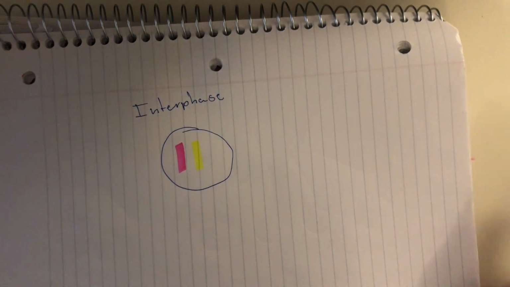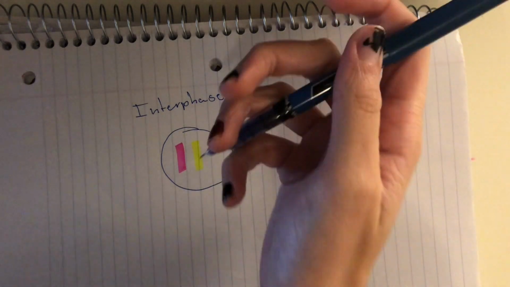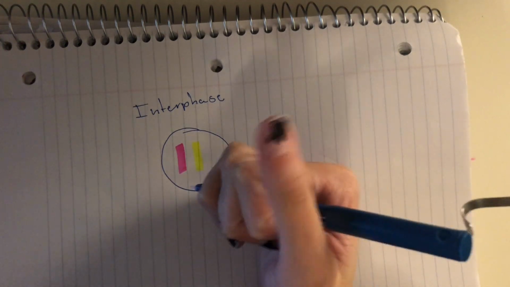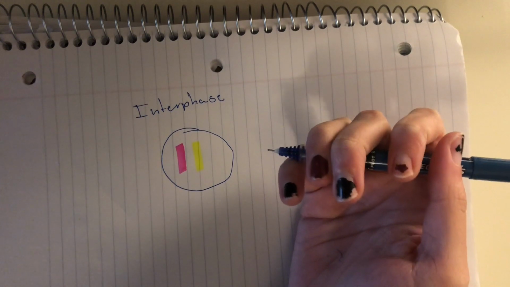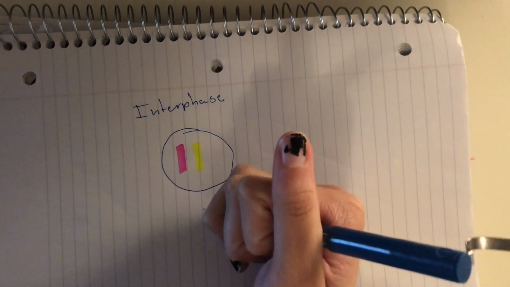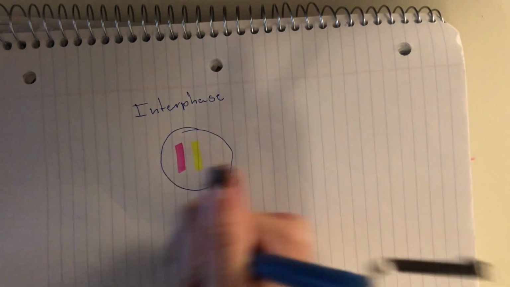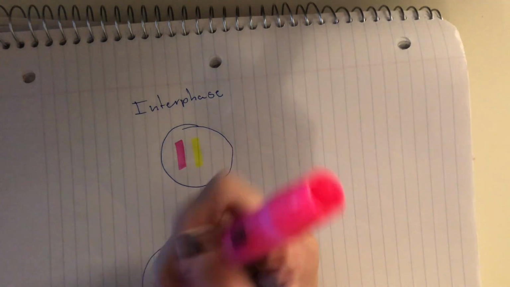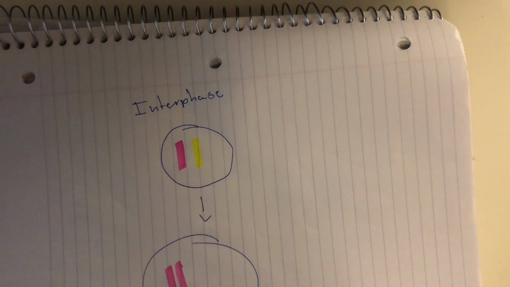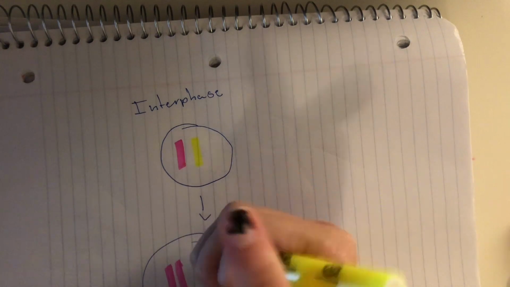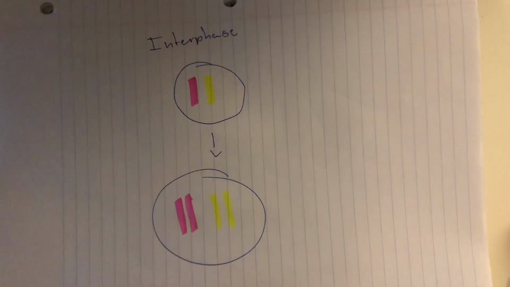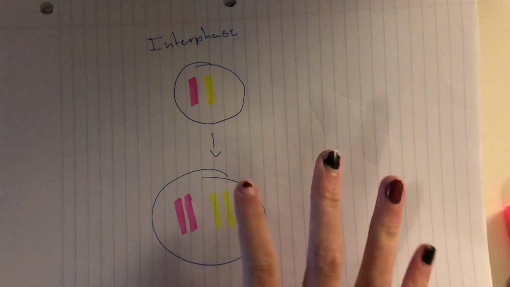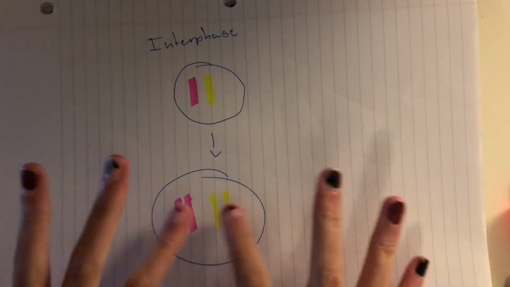Each of these homologous chromosomes duplicates during interphase. So we have two pink, two yellow, but these match up. Okay.